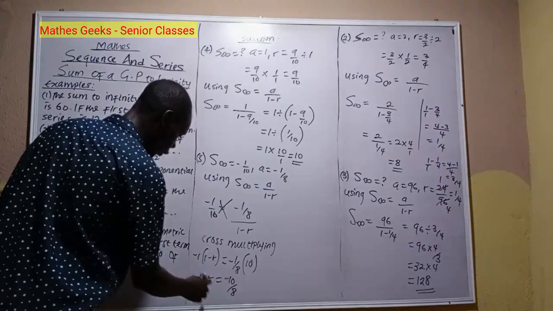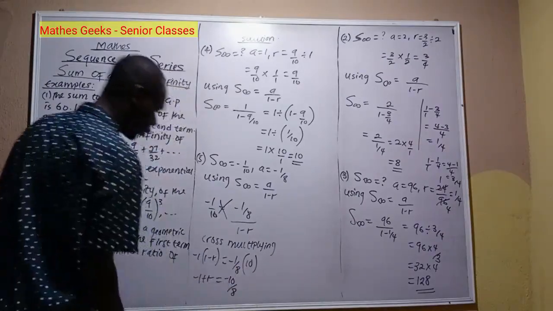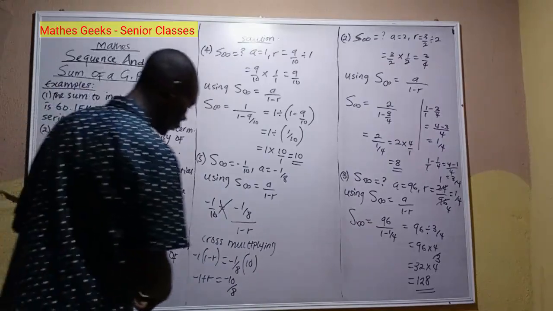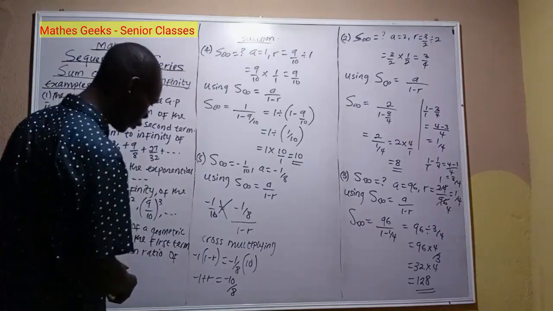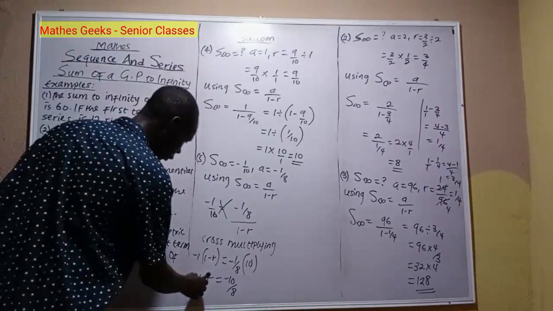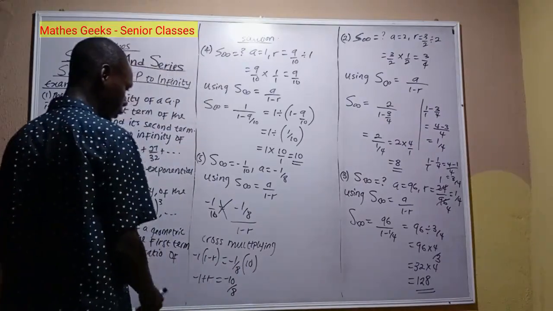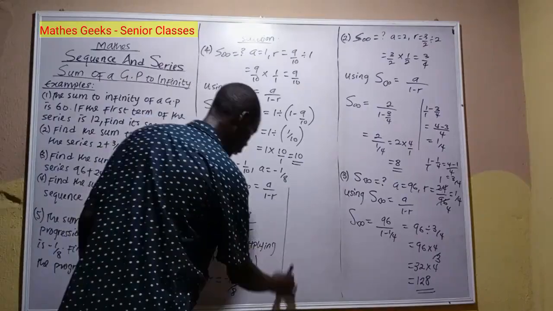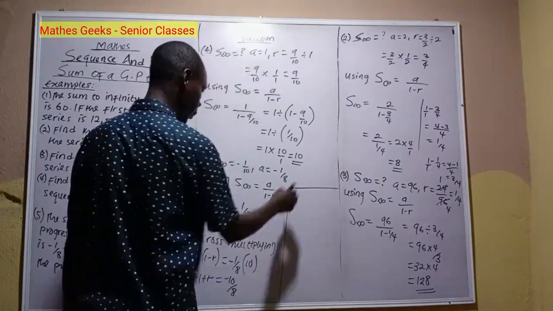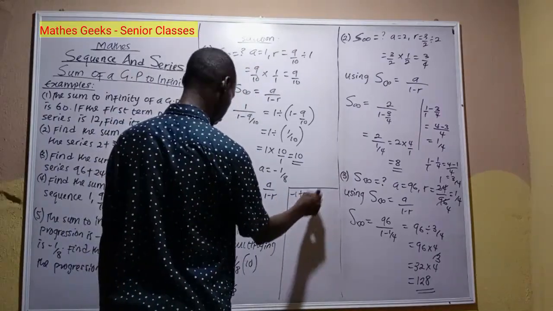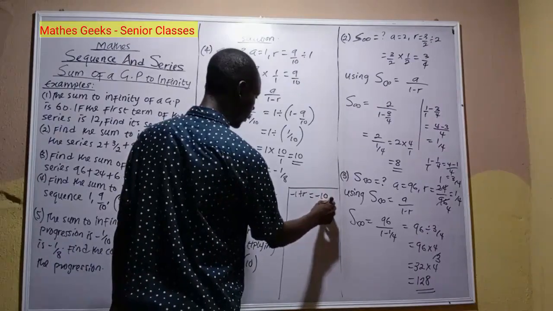Bring minus 1 to this side, so minus 1 plus R is equal to minus 10 over 8.